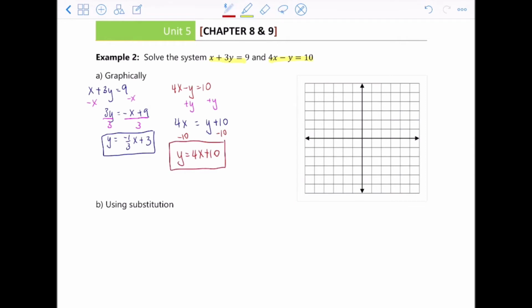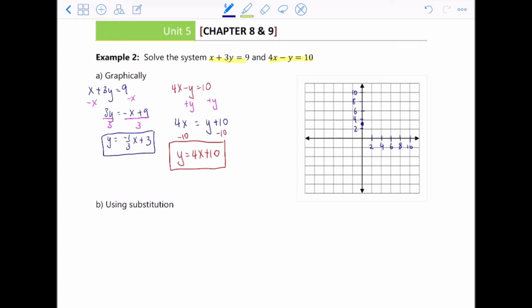Let's graph it. For equation 1, I'm first going to set up our grid. Pardon this small grid here, but we'll just label it. The increments 4, 6, 8, and 10. Same for the y values as well. It goes up by 2. Alright, so first equation 1, the y-intercept is at 3.